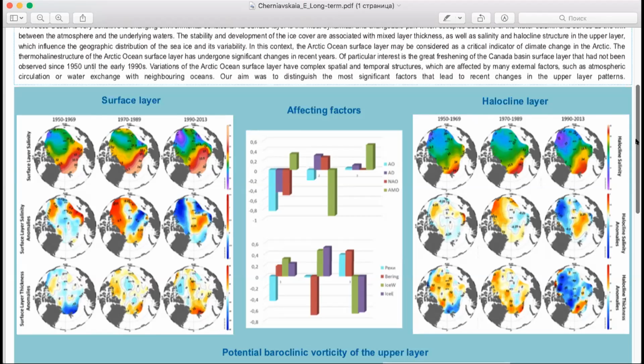So we raised questions why these differences may occur, and decided to look for the reason from the outside. Here you see some atmospheric indexes, also averaged by the same 3 periods, and some hydrological factors that we assume to be the main factors affecting the surface layer state. And they also have some differences between these 3 periods.